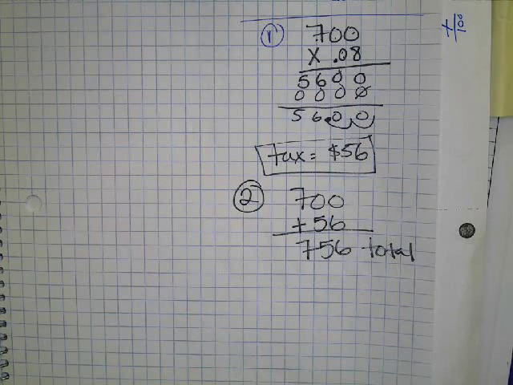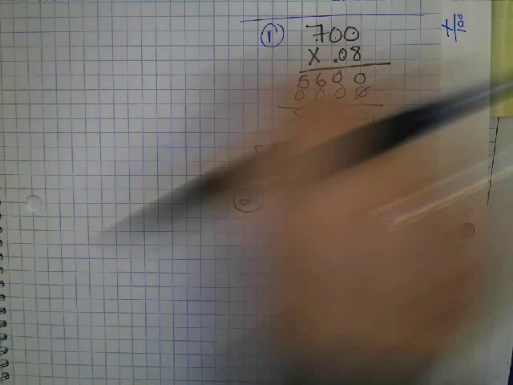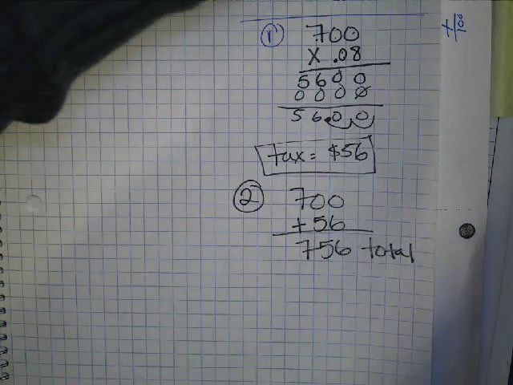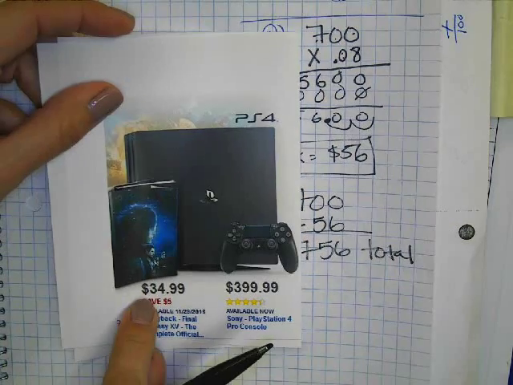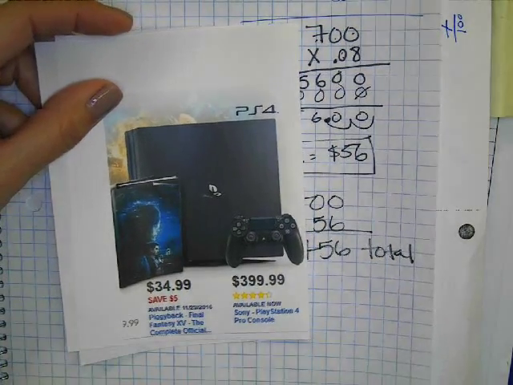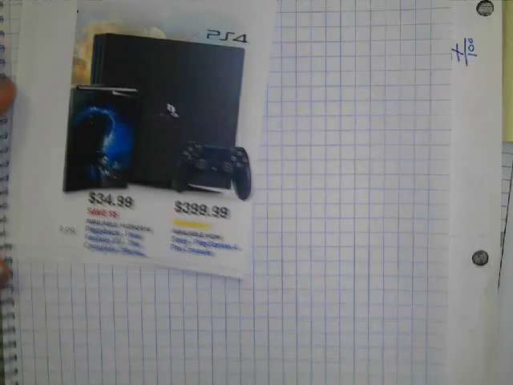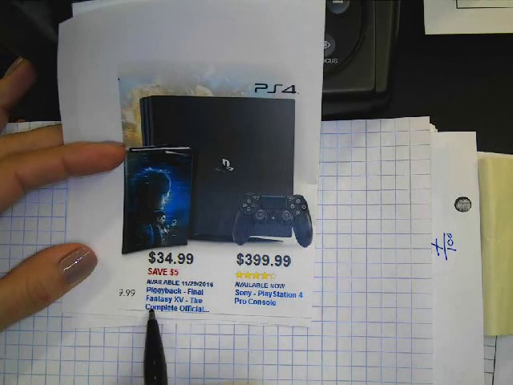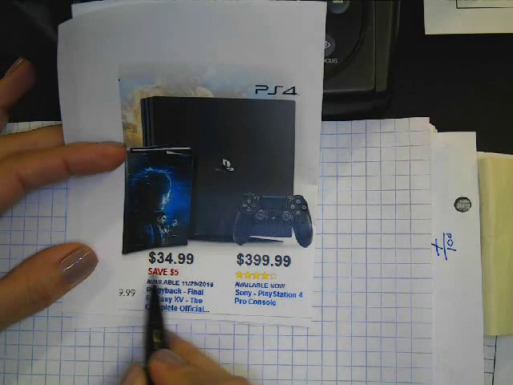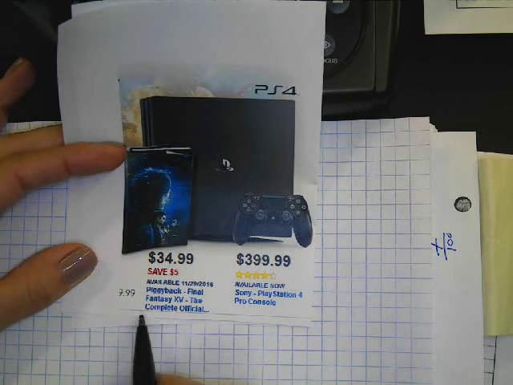So now I want to buy, if I can find the picture. Yes. So I bought the PlayStation 4 on Monday, right? So now I want this super awesome video game. Okay, so it's a Final Fantasy. Okay, it's $34.99 after I save $5.